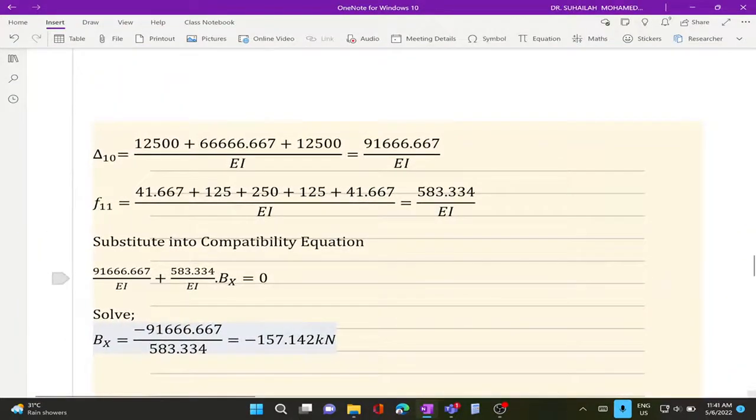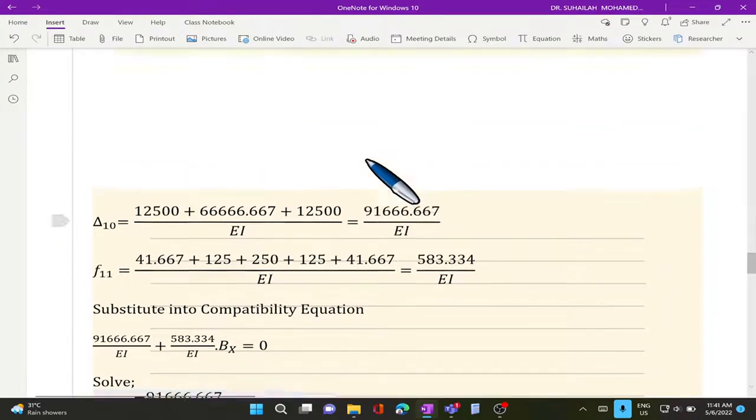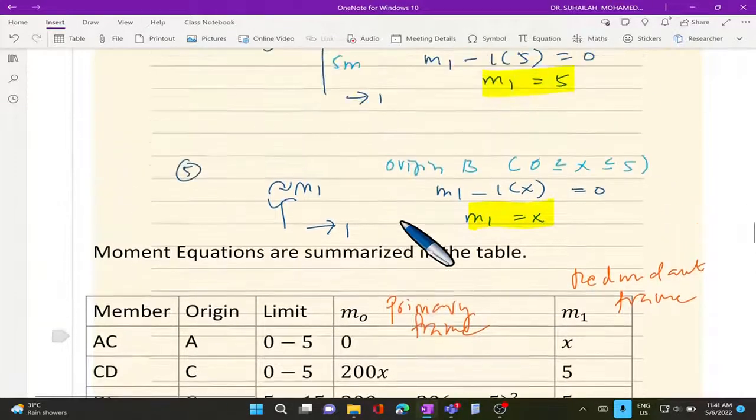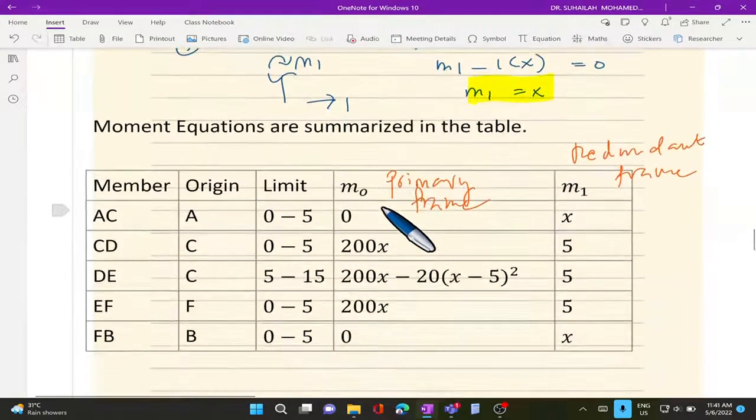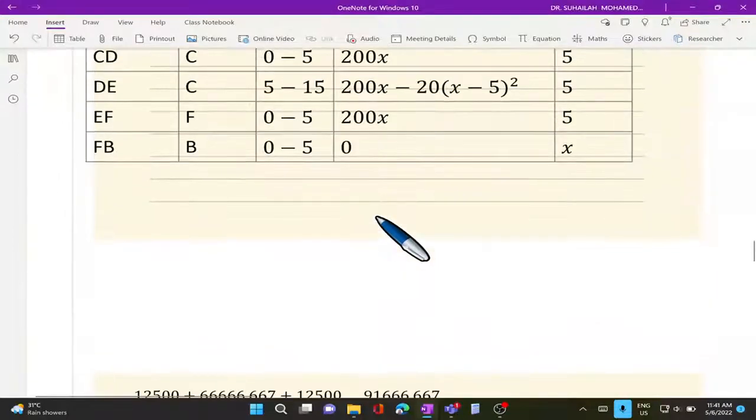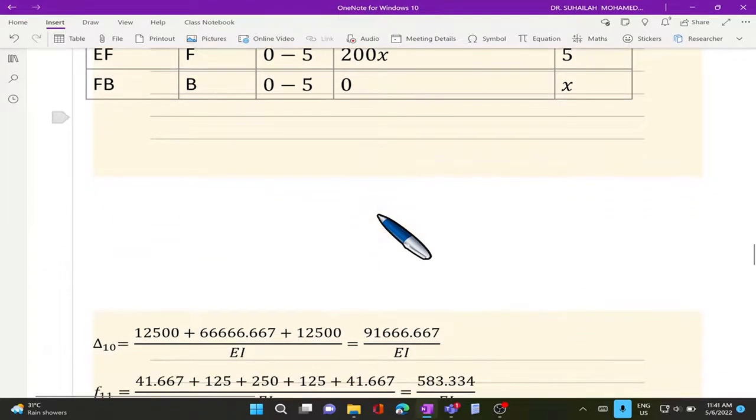You should do it like this as well. It is actually a simple step to analyze this flexibility matrix problem. What is most important is that we analyze the redundant using the compatibility equation. In the compatibility equation, we have two displacements, and these displacements come from the moment equation. To write the moment equation, we have to have the reactions.